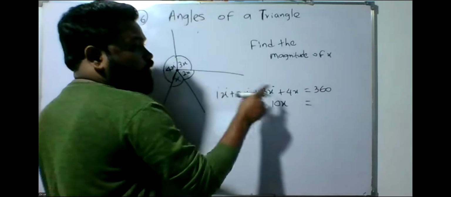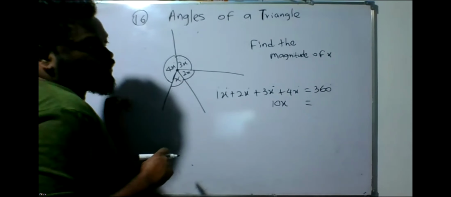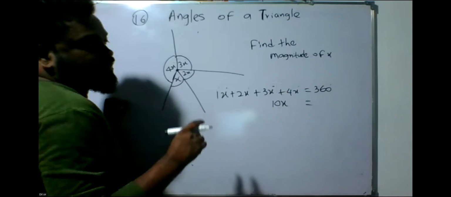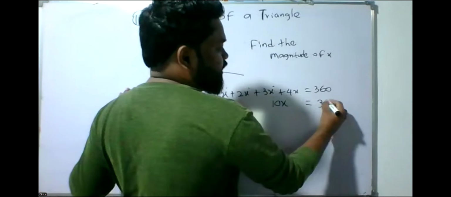These four terms are like terms, with the same algebraic part x. Then 10x equals 360.